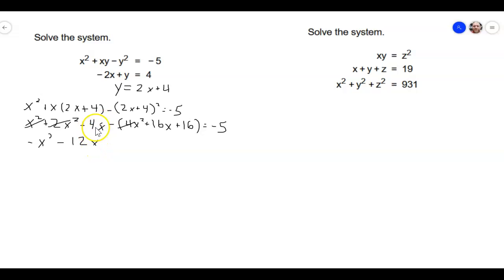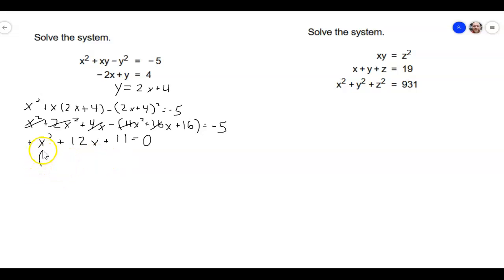And then I have a minus 16, but I'm going to add a 5 to that, because I'm going to add this 5 to the other side here. So that's going to give me a minus 11 is equal to 0. If I multiply through by a negative 1, it makes everything positive, a little bit easier.